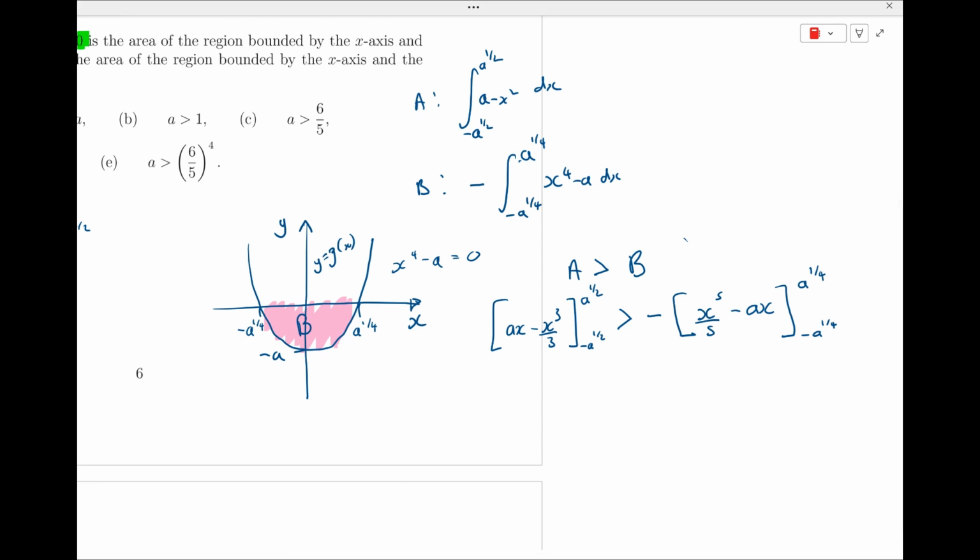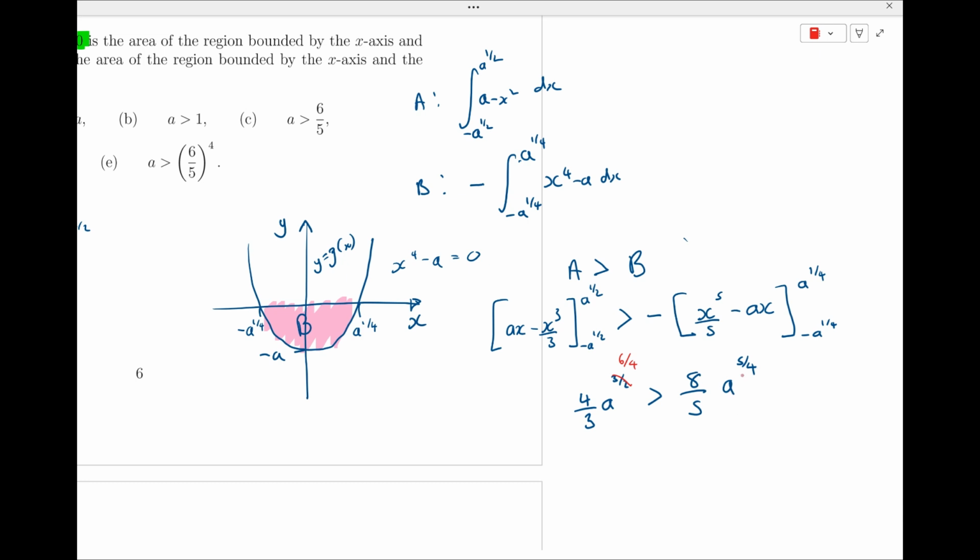You will ultimately end up with 4 over 3 a to the 3 over 2 is greater than 8 over 5 a to the 5 over 4. And we'd replace this 3 over 2 with 6 over 4, so we know whether we're dividing by a to the 6 over 4 or the 5 over 4.